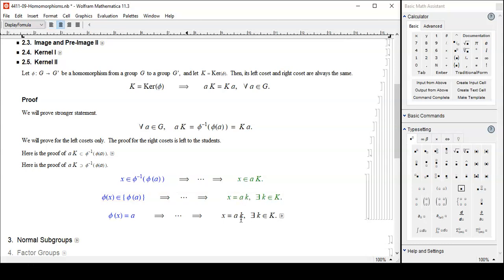Flip A to the other side. And this belongs to K. That's what we want to establish.